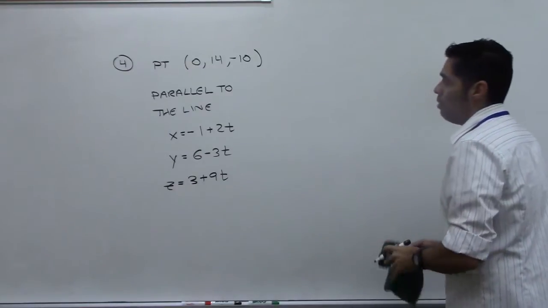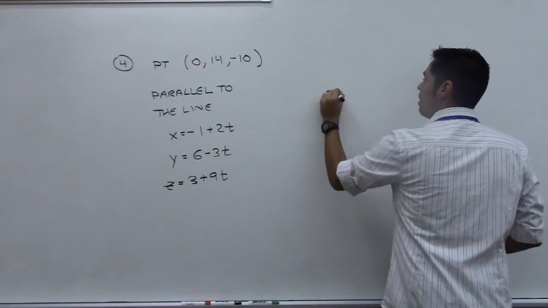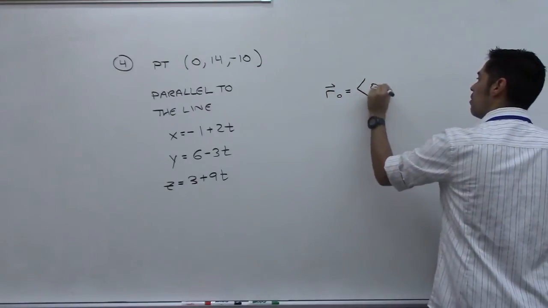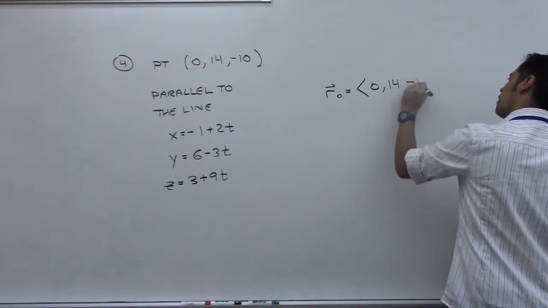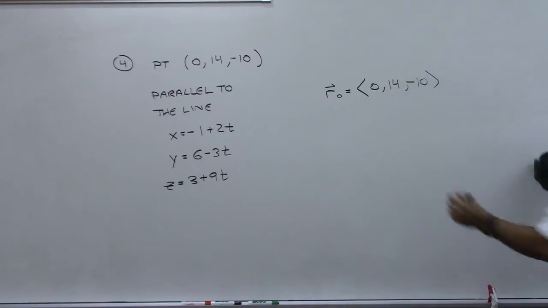So remember, all we need to figure out the vector equation of a line is r naught, which is a point on the line converted to a vector. So we already have that. Okay, so we can use that. All we need now is the direction of the line.